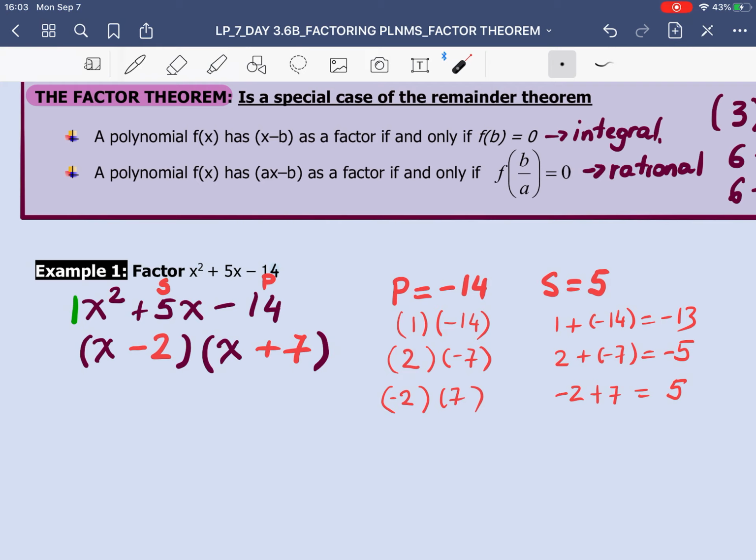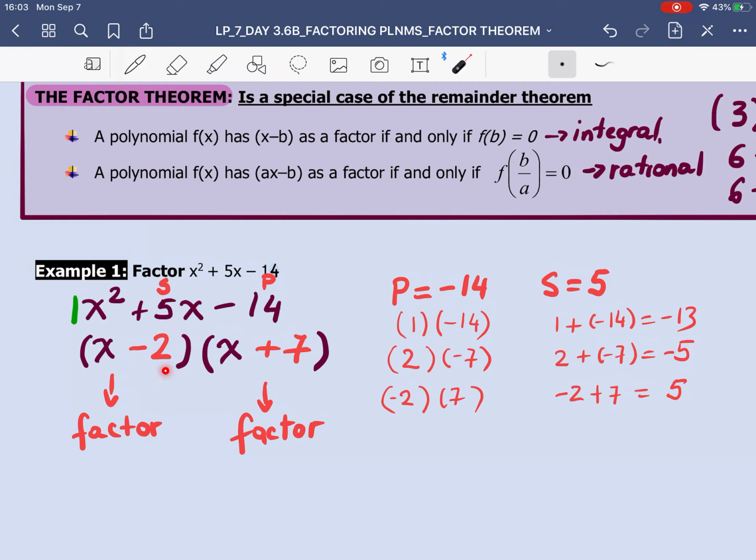Now, let's rethink how we figured out the numbers that we needed to place in here. Remember that x minus 2 we can call a factor of the polynomial. This is a factor, and this is another factor. Both factors are in the x minus b form.